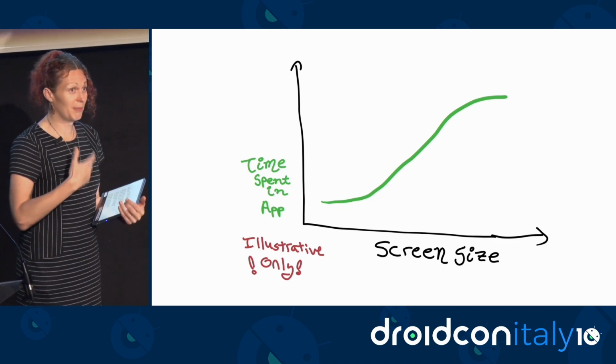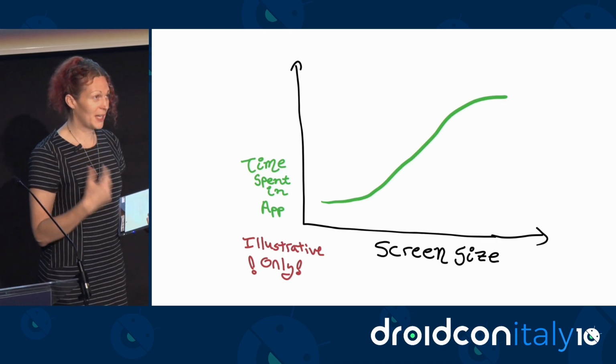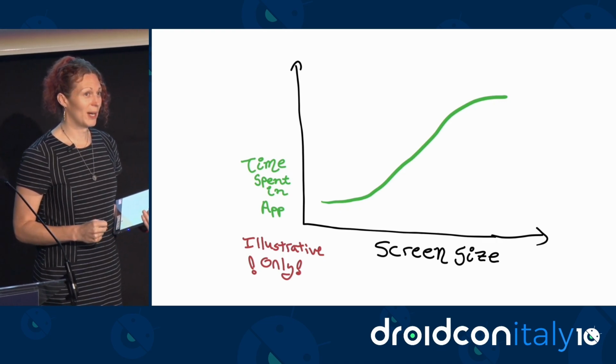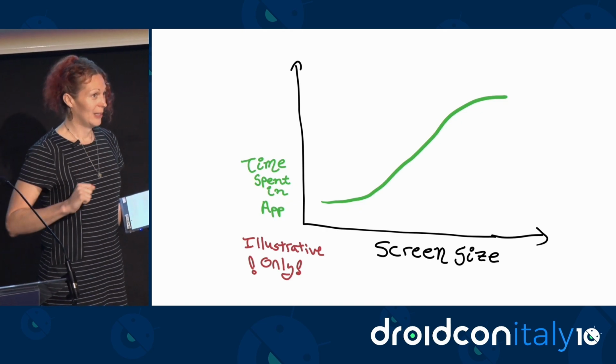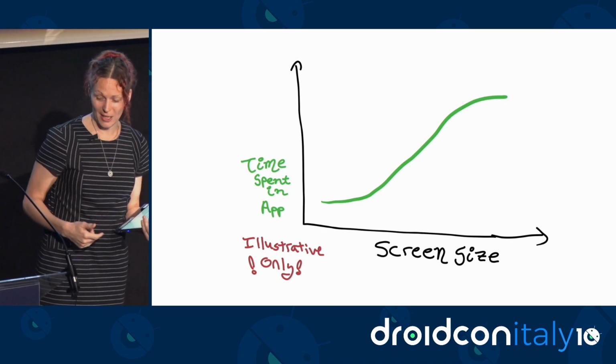Just having a larger screen means they're investing more and more time in that. And especially on games, some of the games we've worked with, spend is related to this as well. So if you're playing a game for longer, or you're using a drawing app for longer, you're more likely to buy a brush set, you're more likely to buy those in-game things.